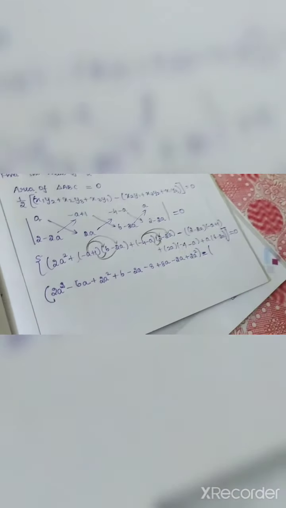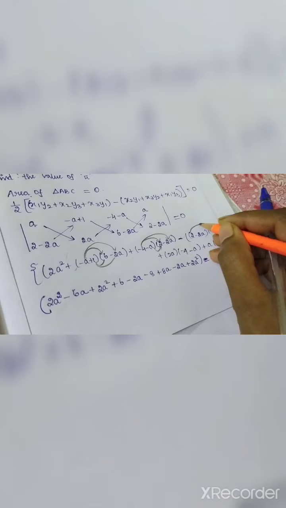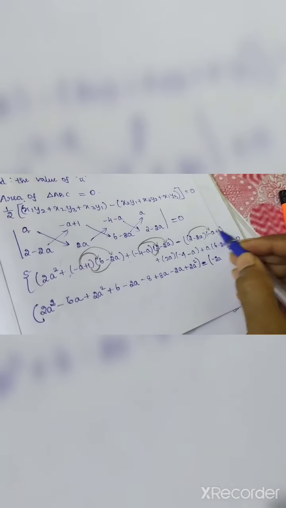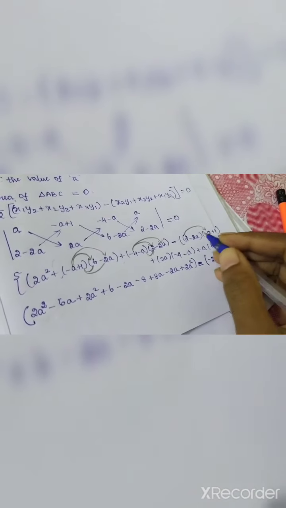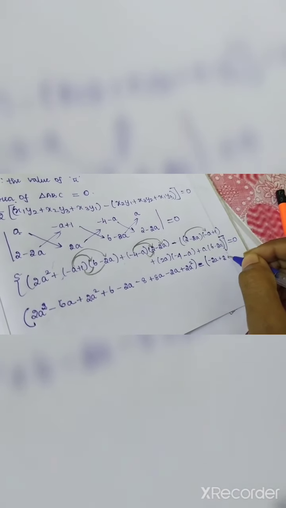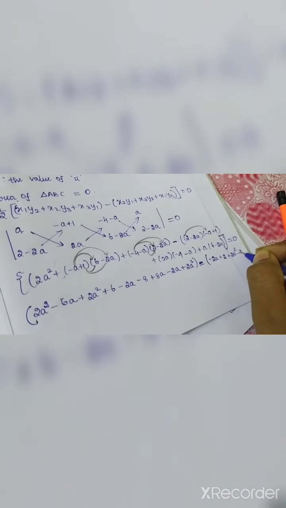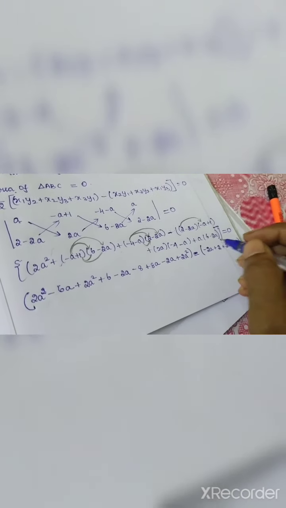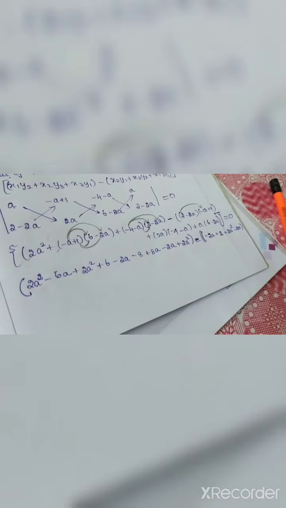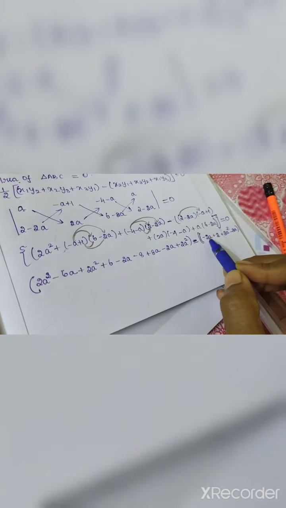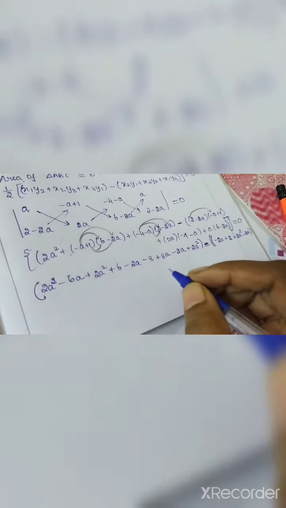We multiply the subtractions and move the letters later. Minus 2a plus 2, minus into minus plus 2a square, minus into plus minus 2a. Okay, this is for that whole bracket.